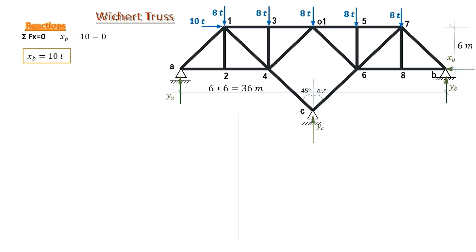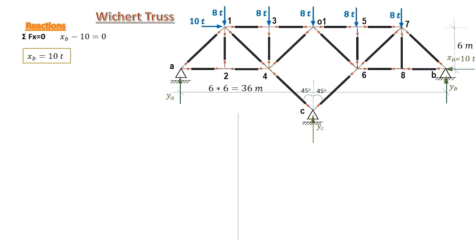To proceed with our calculations, let's note that the support at C here, the support at this rhombus, is a clue support for the solution. We will start with joint C and conclude a relationship between the internal forces in members 4C, C6 and YC.